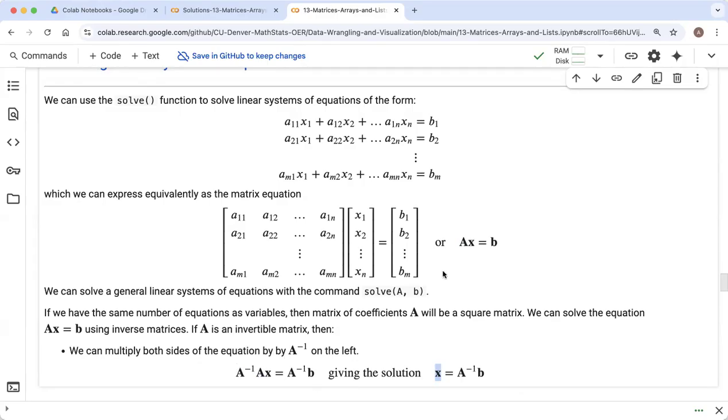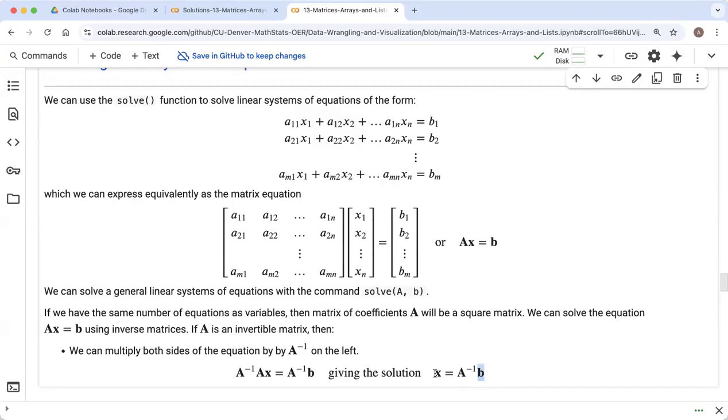And if I multiply the left side by A inverse on the left, I need to do that on the right side as well to preserve this equality. So after I multiply this matrix equation by A inverse on the left on both sides, it simplifies to X is equal to A inverse times B.